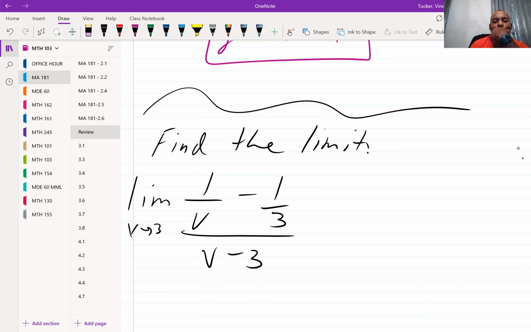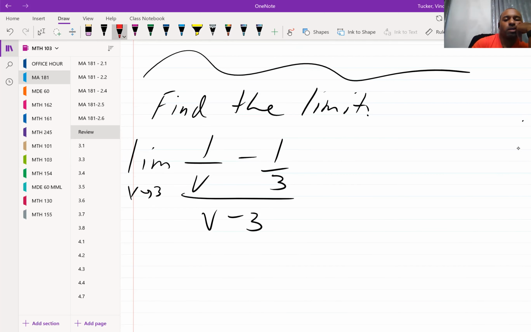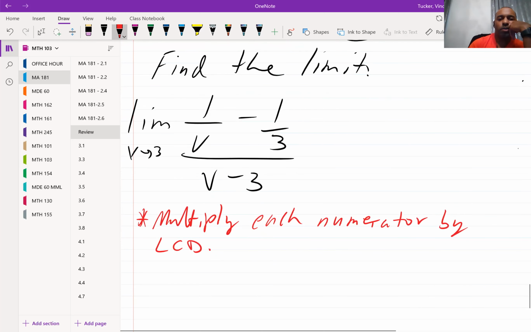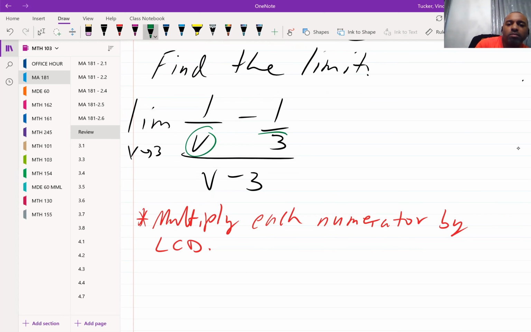So let me see. If I were to multiply top and bottom by 3v and still plug in 3, that wouldn't be good. All right, so let's try this. Let's try to multiply each numerator by the LCD, the common denominator of each one of our denominators.